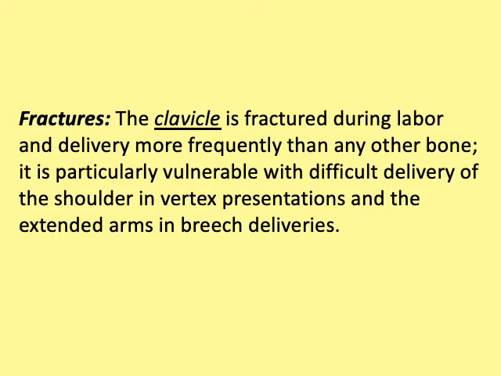Now we come to injuries of the bones in the form of fractures. The commonest bone to be affected is the clavicle, which is fractured usually during labor, and it's vulnerable because of the difficult labor of the shoulder in vertex presentations or in the extended arms in breech deliveries.